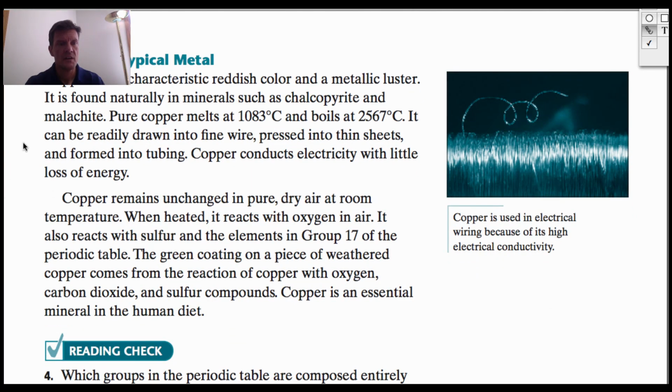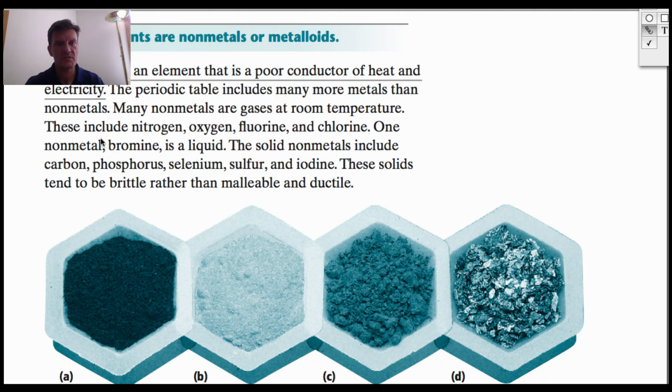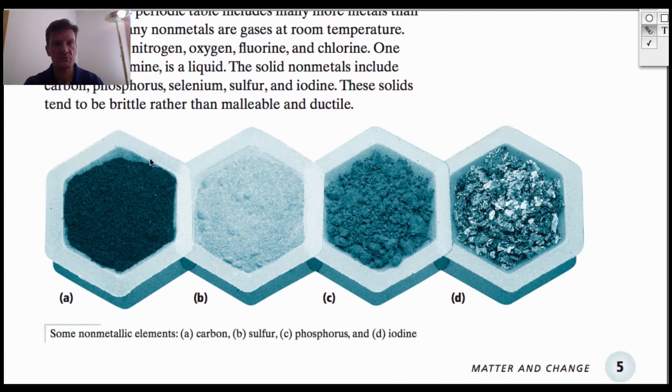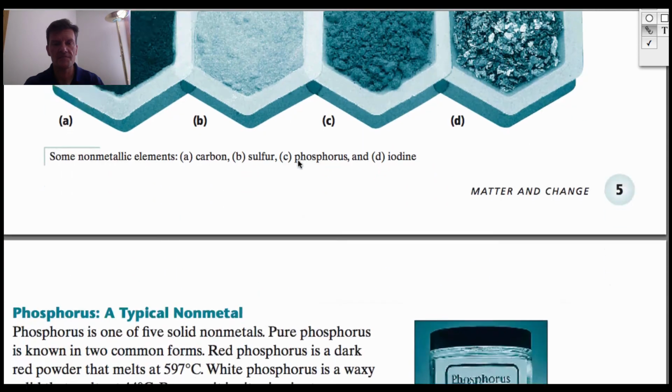We're going to roll past these a little bit here and wrap this up. Nonmetal, poor conductor of heat and electricity. You want to write down metal and nonmetal to make sure you know the difference between those. There are some examples here: nitrogen, oxygen, fluorine, chlorine, etc. are all nonmetals.